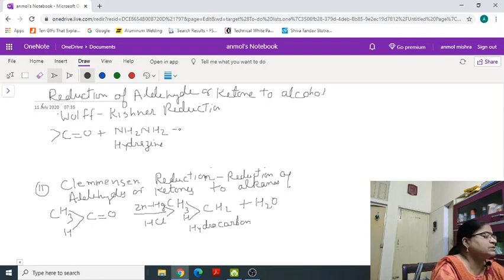It forms the addition product, as we have already discussed in the previous reaction.